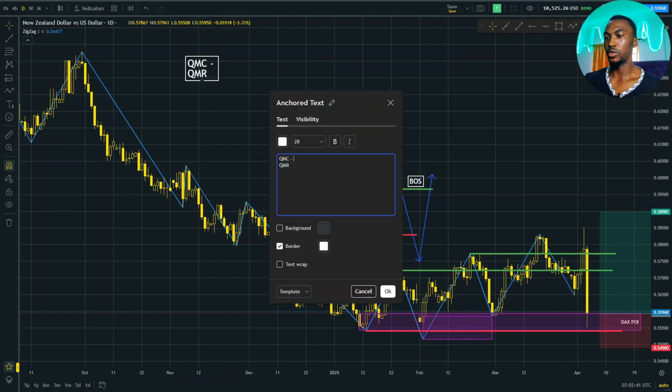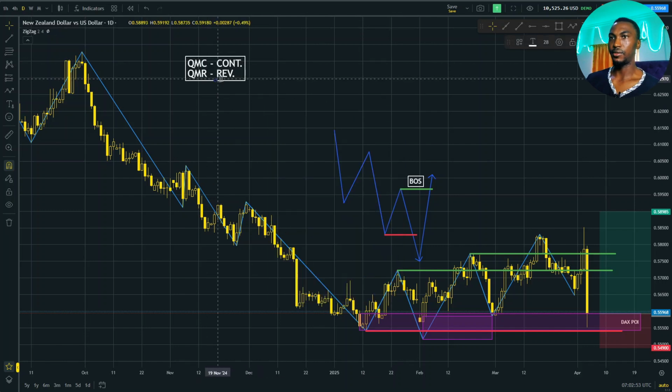So Quasimodo continuation and Quasimodo reversal. Let's just write it like this, so it's just under 3 words. This is how it happens: there's the reversal before the continuation.